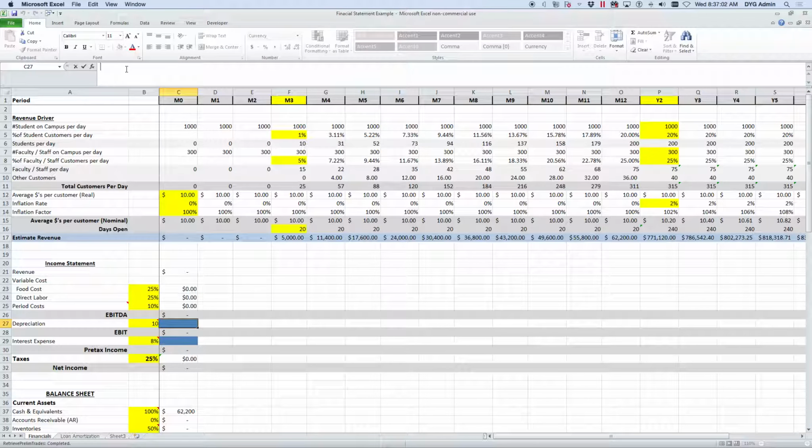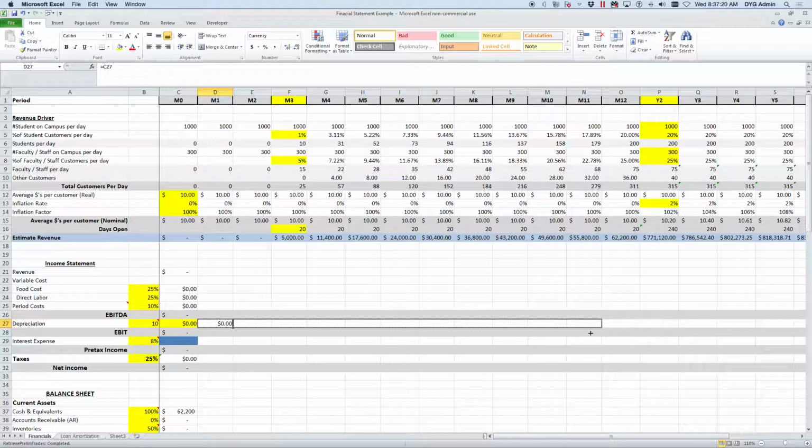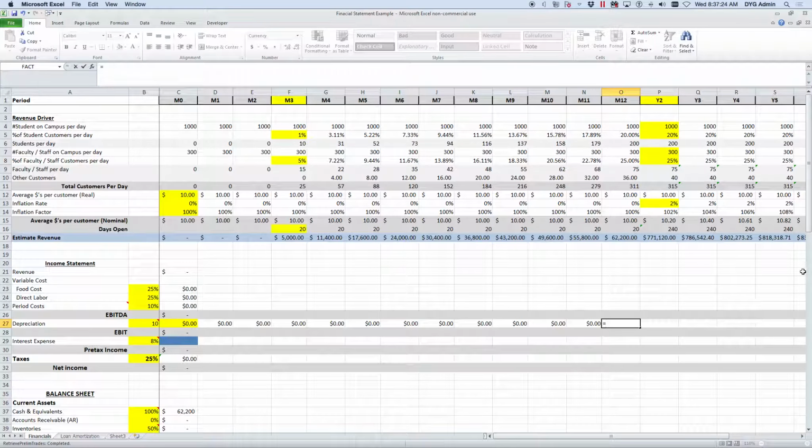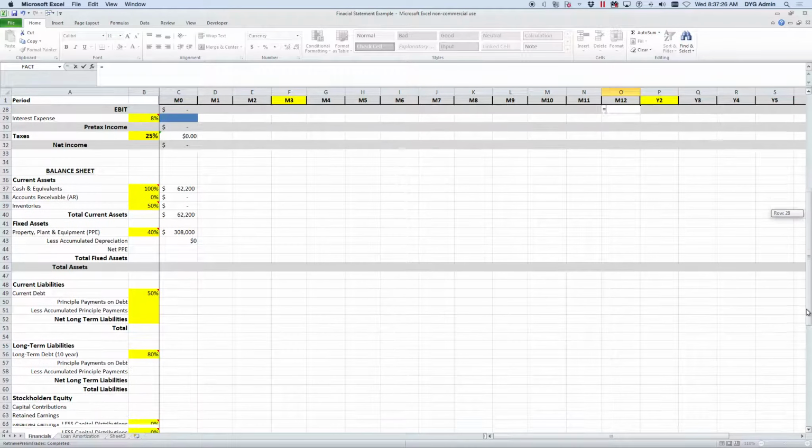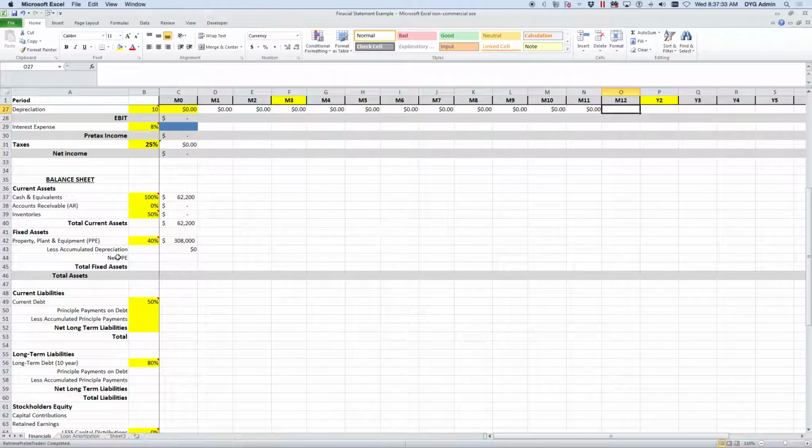Honestly, I'm going to start out with a depreciation of 0. And I realize that that's a plug, but the deal is right now we're on a monthly basis. And on a monthly basis, you don't depreciate every month. So we're going to carry that on out for all 12 months, or 11 of them. And in the last month, we're going to take whatever the asset amount is. And so that requires me to do a little something here.